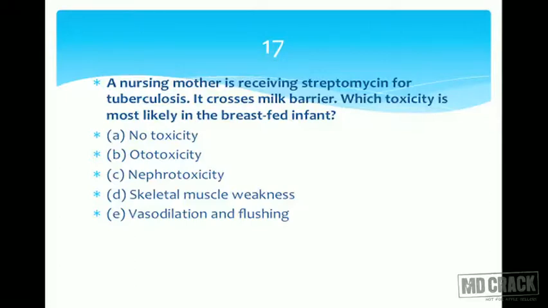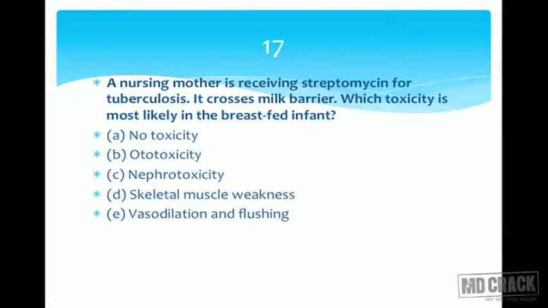He is telling us that she is receiving streptomycin and it crosses the milk barrier. It means the infant is going to receive streptomycin, and then you are thinking about what toxic effects. Streptomycin is an aminoglycoside, so you think about ototoxicity, nephrotoxicity, neuromuscular blockade.